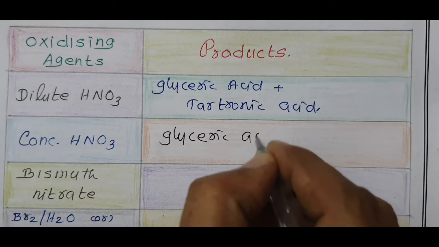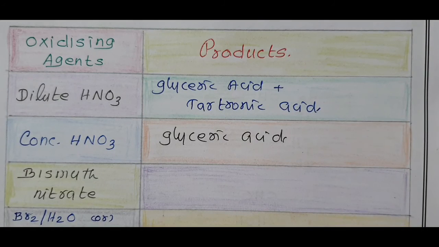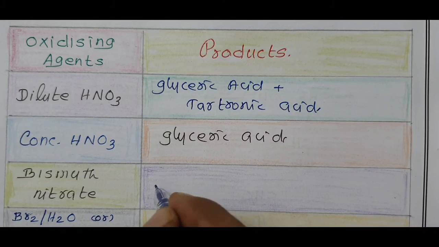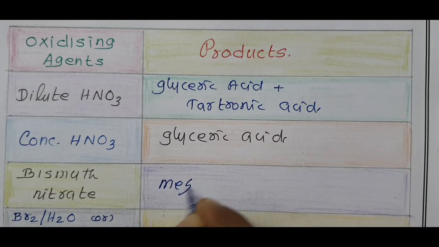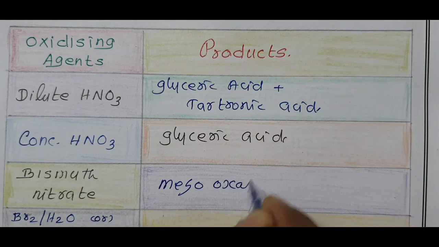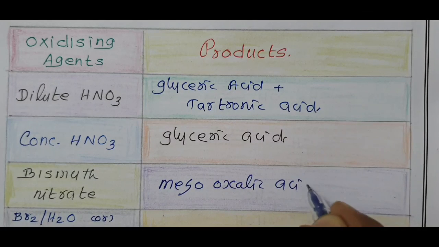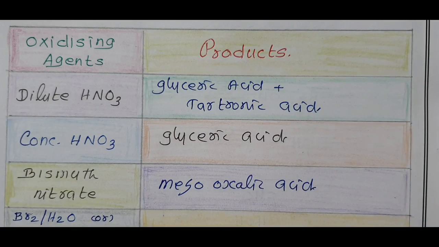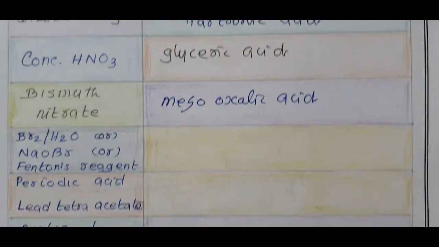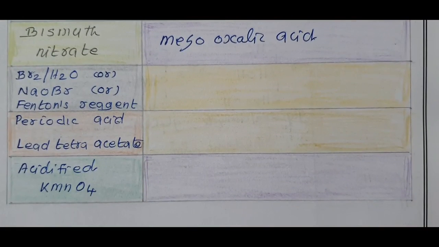Bismuth nitrate used as an oxidizing agent oxidizes glycerol into mesoxalic acid.